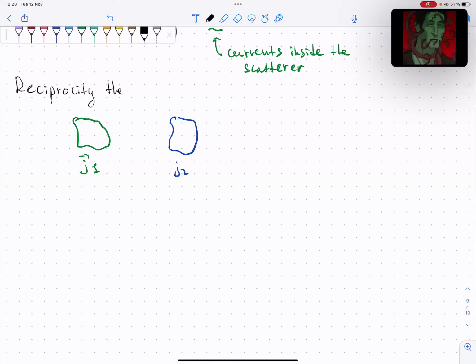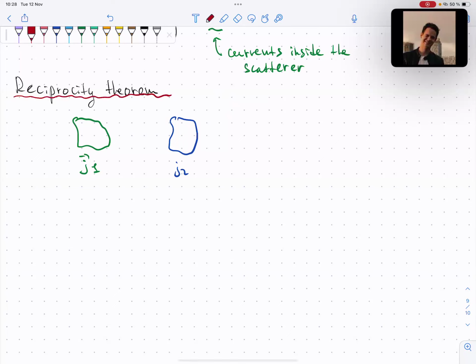No, well, if everybody had this theorem before, I will just skip the derivations. So please tell me if you don't know what the reciprocity theorem is. So everybody knows what the reciprocity theorem is.